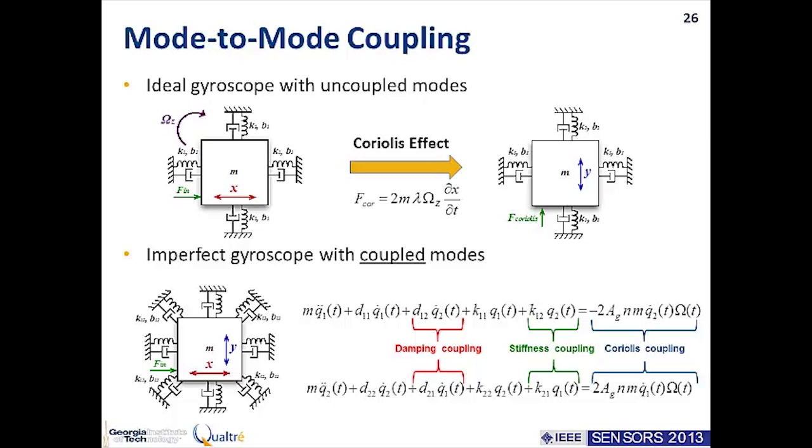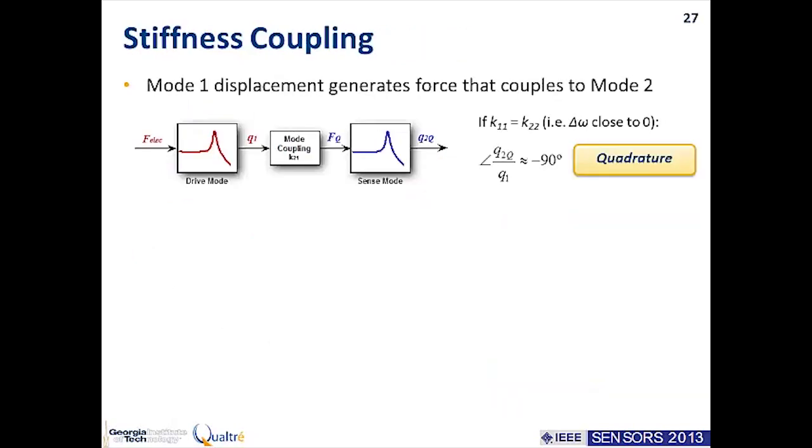So going back to the damping and stiffness coupling, stiffness coupling is basically when you have a force in your drive mode, you generate your drive displacement, and this K12 factor generates a force that excites your sense mode, even in the absence of rotation rate.